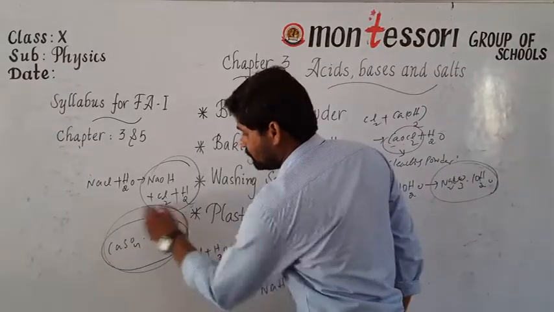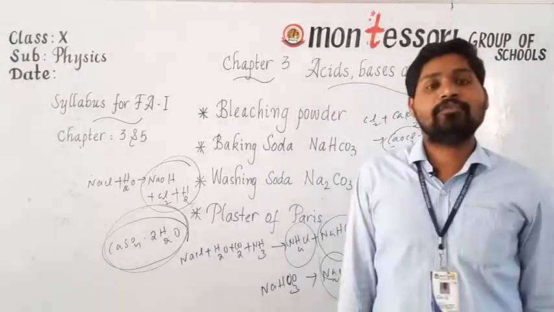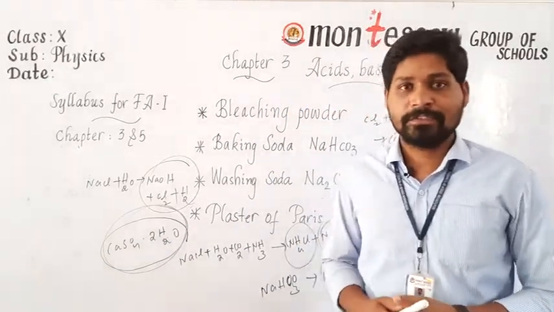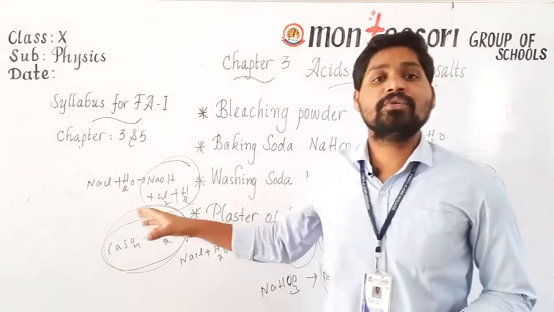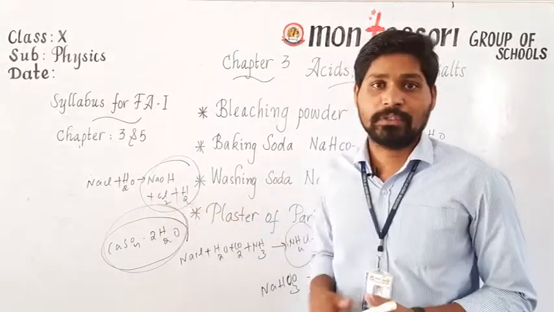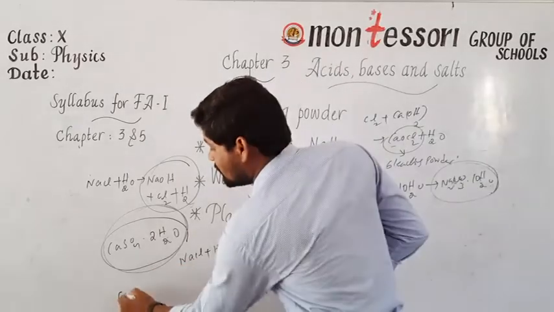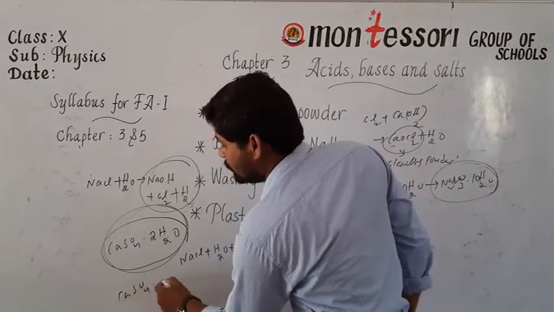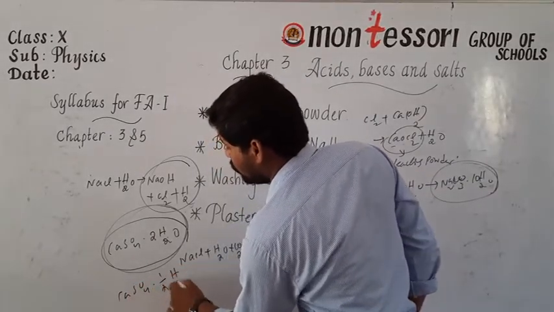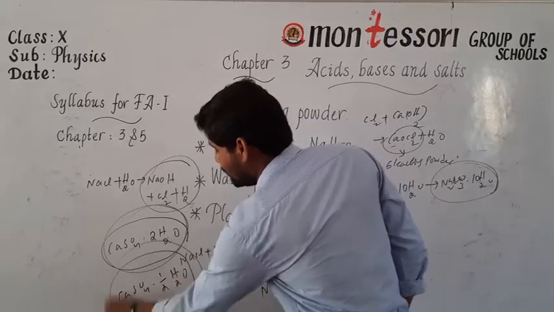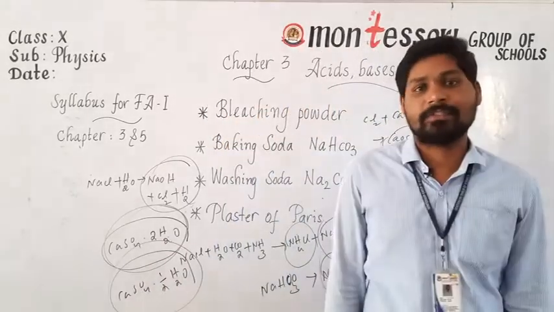See, on careful heating of gypsum, it loses water molecules and it gives CaSO4·½H2O. This is nothing but plaster of Paris.